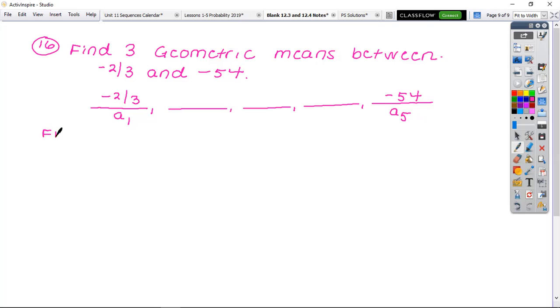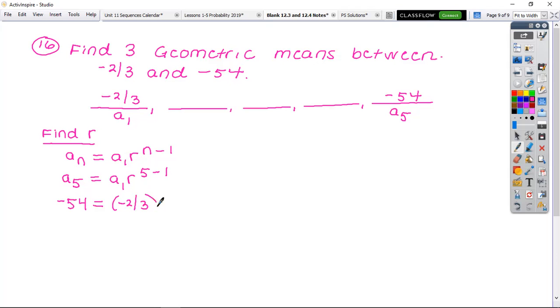To find the R, you can plug into your explicit formula with everything except for the R. So I'm going to go a sub n equal to a sub 1 times R to the n minus 1. This is one approach. So a sub n in this case is going to be term number 5. So a sub 5 is -54 equal to -2/3 times R to the 4th power.